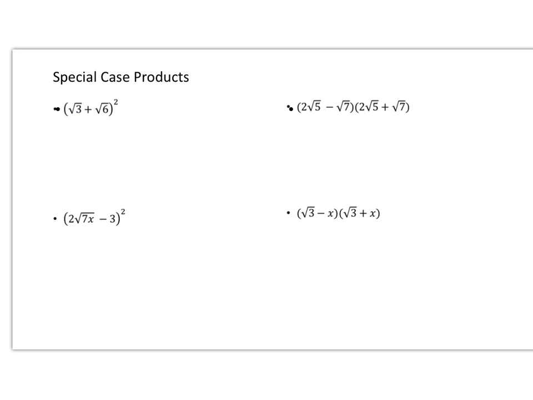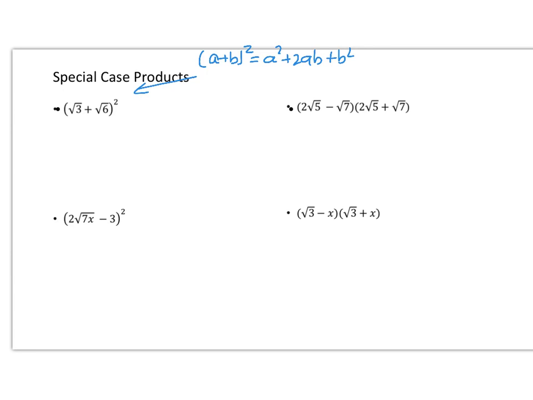So again, we're going to try our luck on these special cases. We will write down some of the ideas so that we know, right? We're going to have an a plus b squared issue, and that's a squared plus 2ab plus b squared. So we have that situation here.